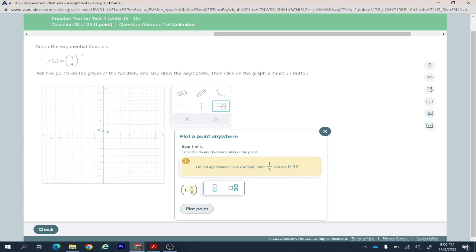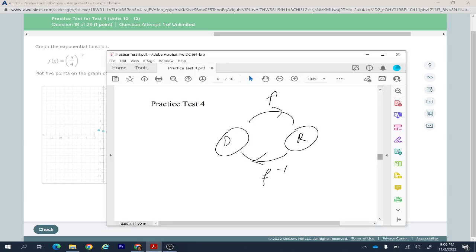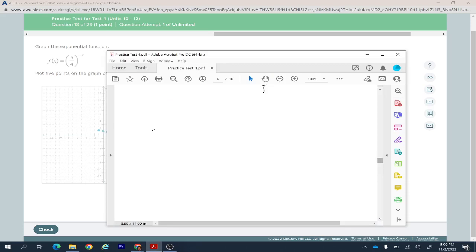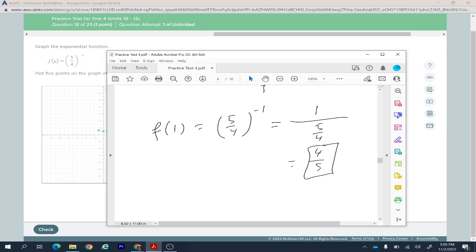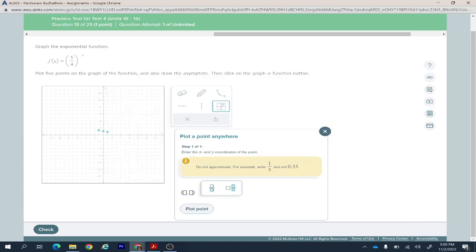4/5. You see that? What did I do? If I try to find the value of the function at 1, it would be 5/4 to the negative 1, which is actually 1 over 5/4. If you reverse this, that's how we simplify the terms. It gives you 4/5. How many points do you need? 5 points.